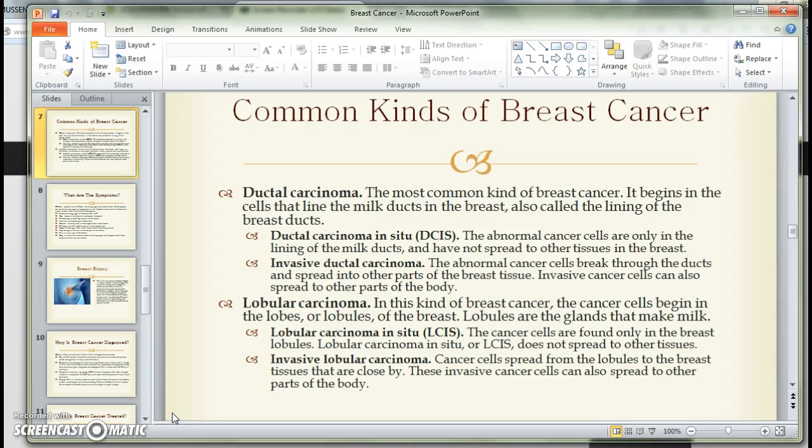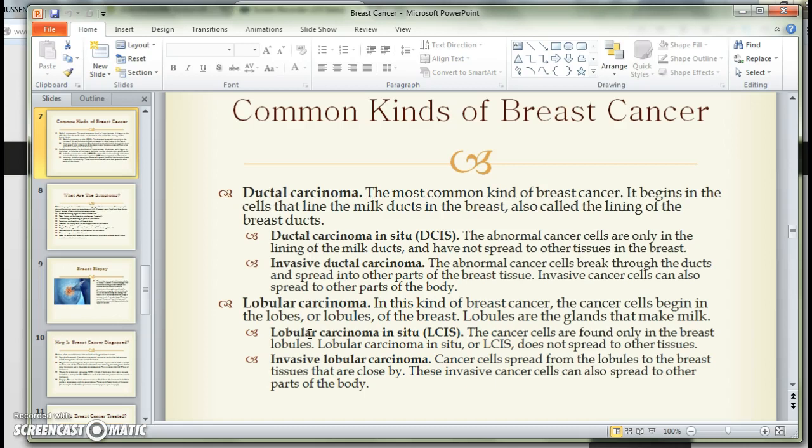The common kinds of breast cancer are these. Ductal carcinoma is the most common kind, and it begins in the lining of the milk ducts in the breast, also called the lining of the breast ducts.